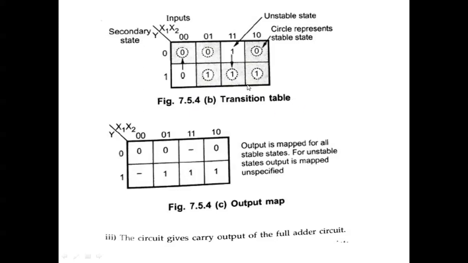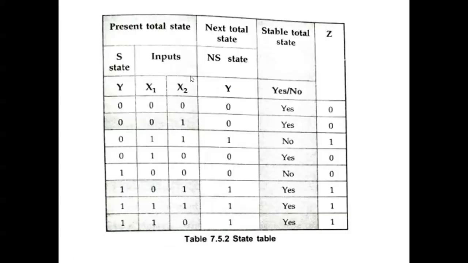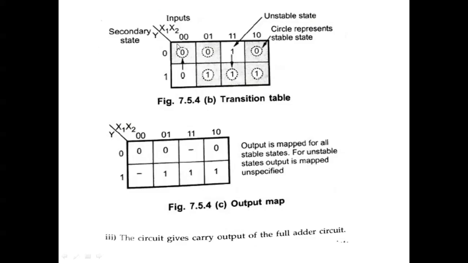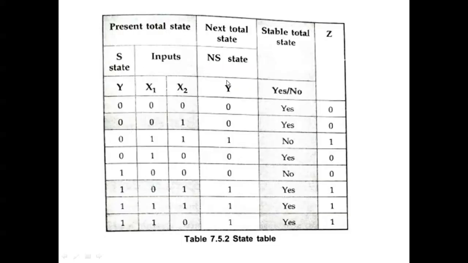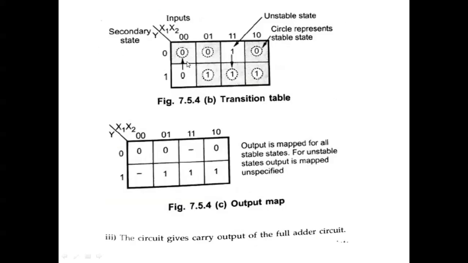So here is the transition table. The transition table is obtained from the output values, x1 x2, this is the input, and a three variable K map. So this is nothing but the output of y or z. 0 1 2 3 4 5 6 7.